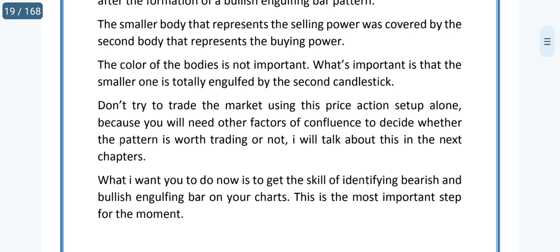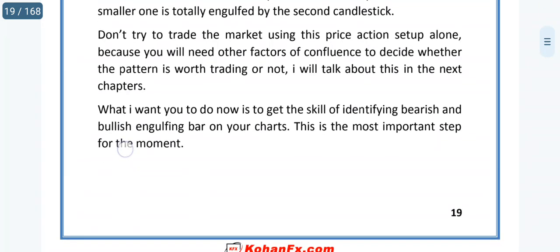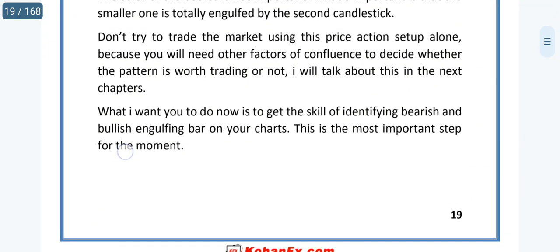Do not try to trade the market using this price action setup alone. Listen very carefully: you will need other factors of confluence to decide whether the pattern is worth trading or not.